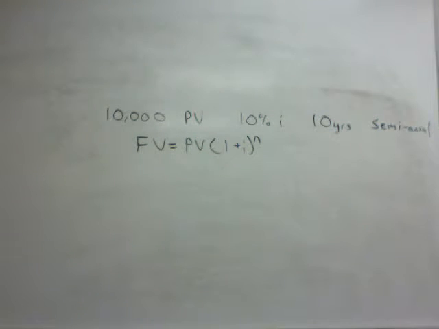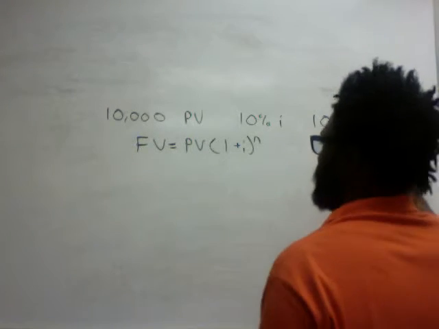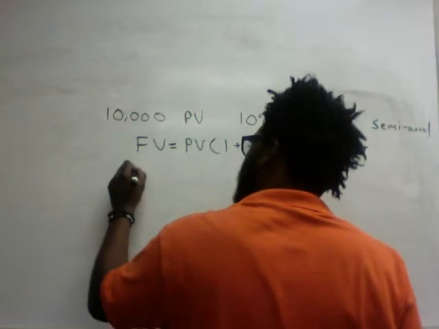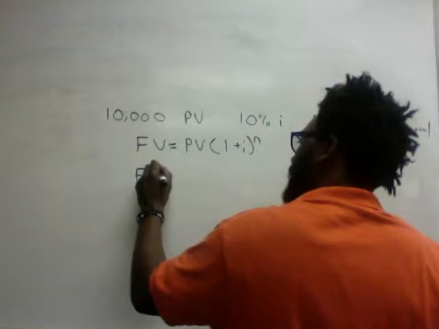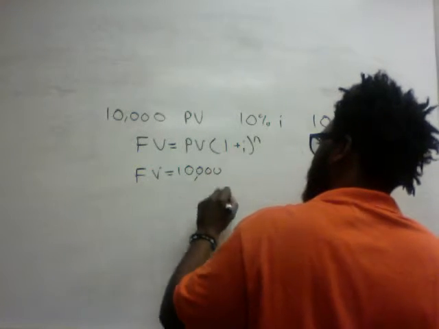We can't just go plugging numbers in here. Why not? Because the interest is more than annual. It's semi-annual. So we have to make some adjustments first. Our first adjustment would be with our interest. Present value is 10,000. That won't change.